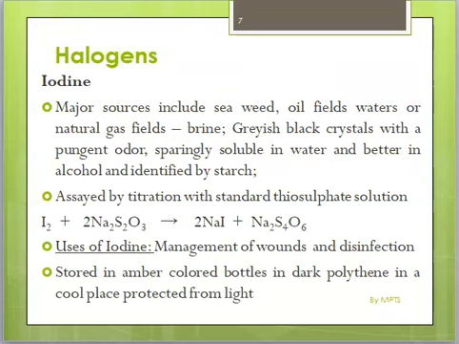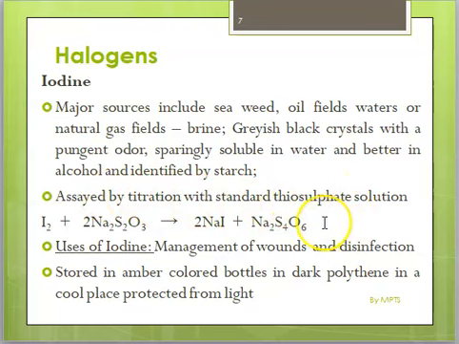Let's look at iodine, because it is one of the major products which is used. The major sources include seaweed, oil fields, natural gas fields, or brine. Of course, iodine is grayish black crystals with a pungent odor, sparingly soluble in water with a bitter taste, and better in alcoholic solution. It is assayed using thiosulfate solution.